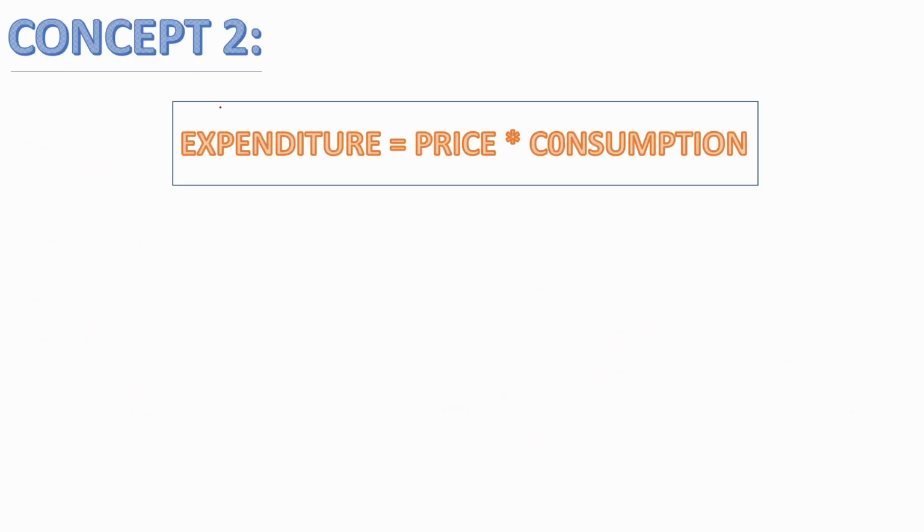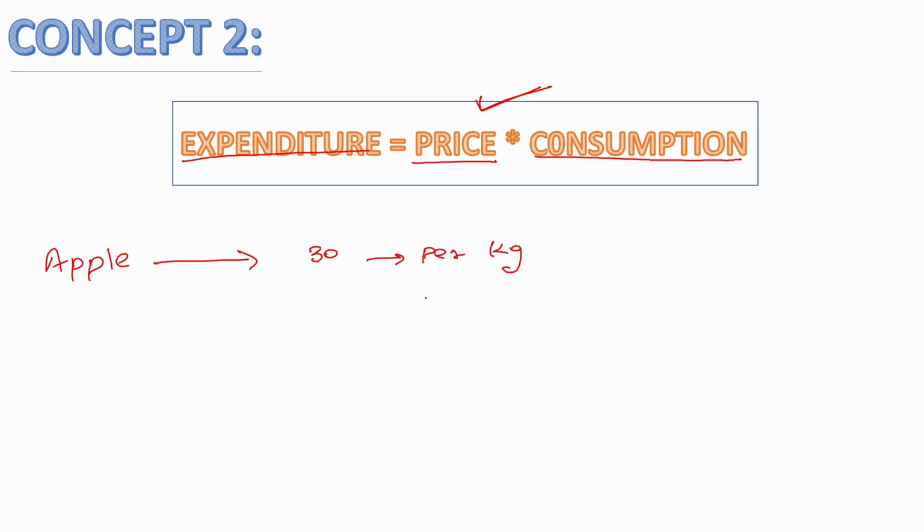Here we have another concept, guys. That is the concept of expenditure equals price into consumption. So in order to understand this formula, let me give you an example. Let us suppose I want to buy apples. The cost of apples in the market is 30 rupees per kg, and I want to buy 10 kgs of apples.